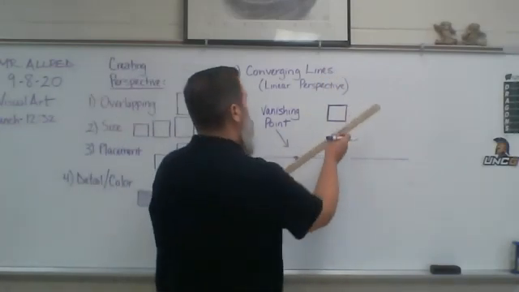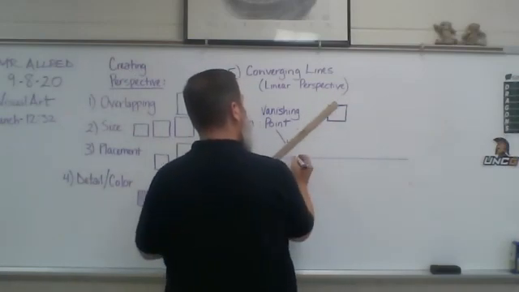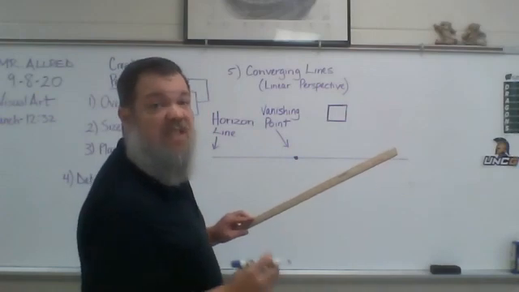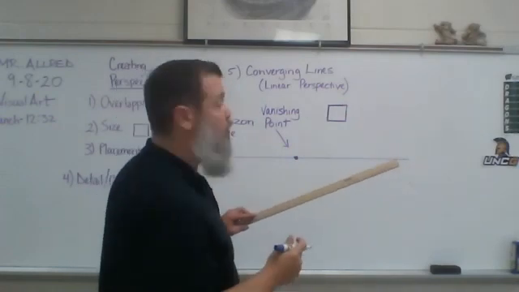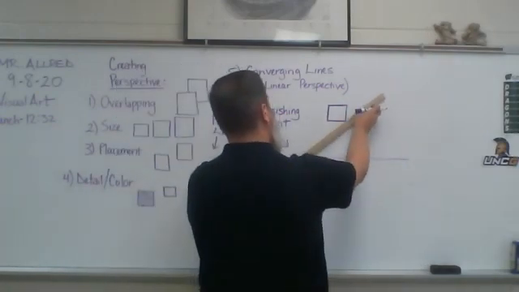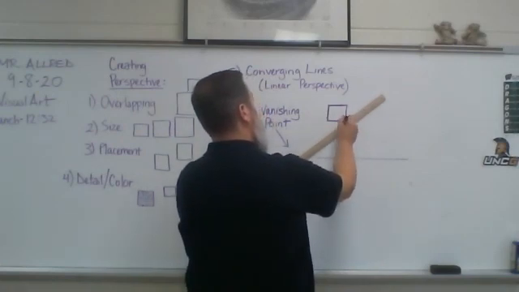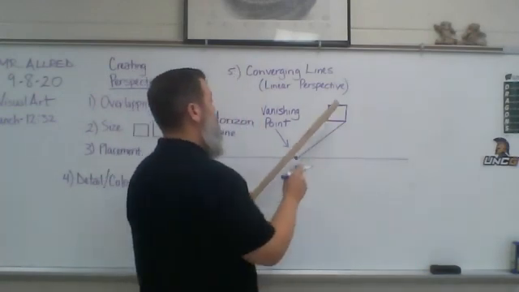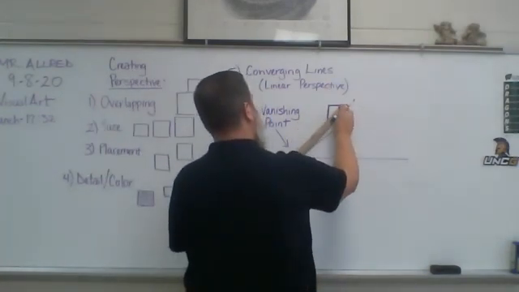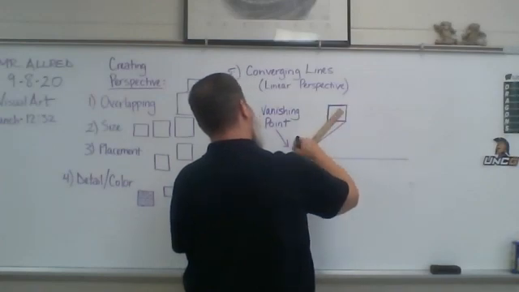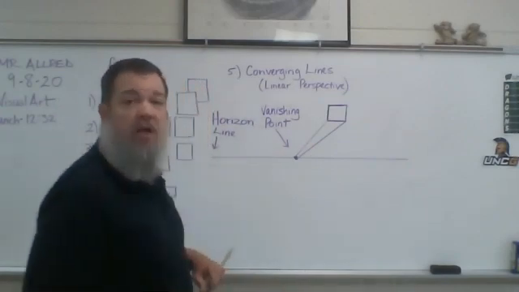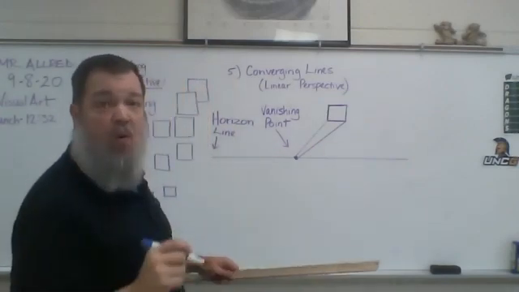Okay. So the way we do that is by taking the corners of that shape, taking all the visible corners back to that vanishing point. Like so, okay? One corner goes back to there. Second corner. You definitely want to use a ruler or a straight edge to do this, so you're not drawing wonky, curvy lines.